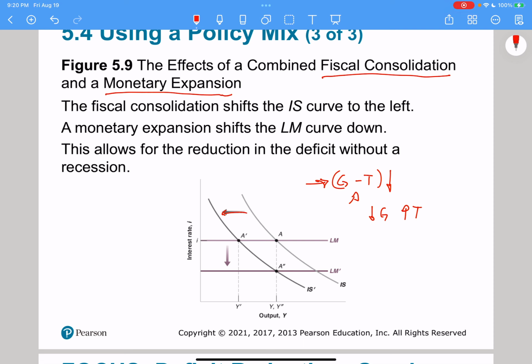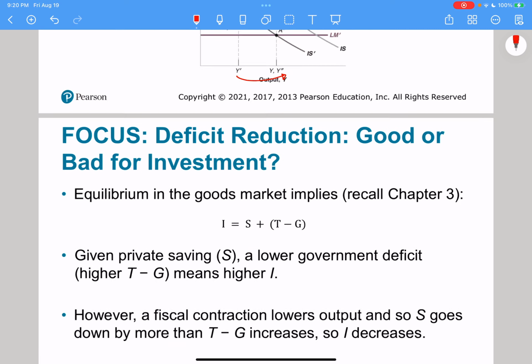If you do this guy, you are reducing the deficit, but you are creating this gap here, and this gap is the recession. When you use the monetary policy, you bring this guy back here, and when you bring this guy back, you avoid the recession. So if you do the combination of a fiscal consolidation with a monetary expansion, you have the reduction of the deficit without creating the recession.